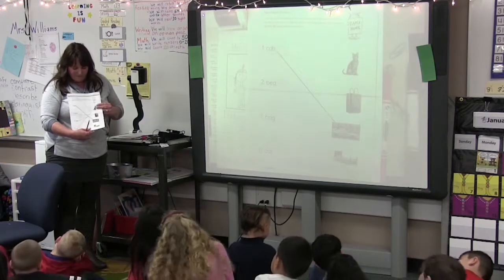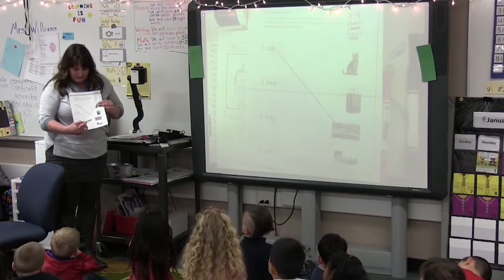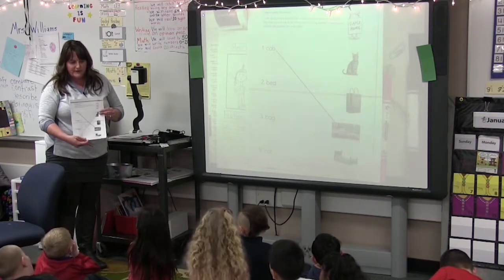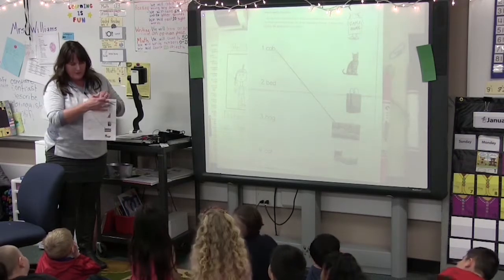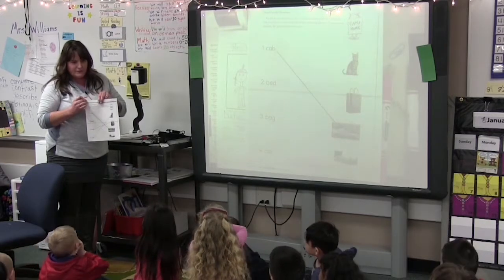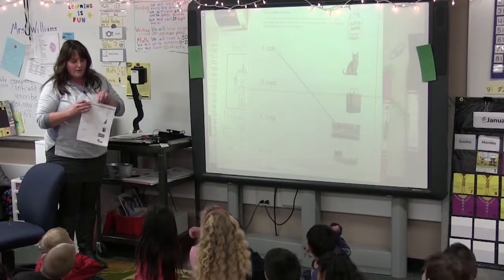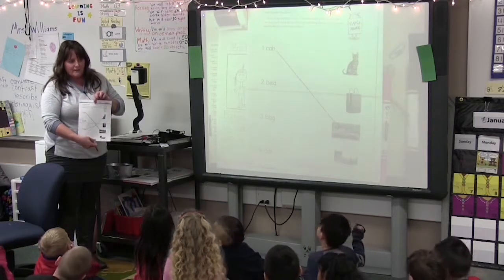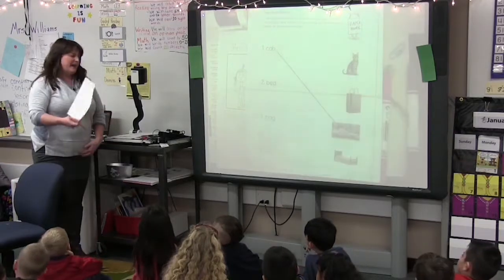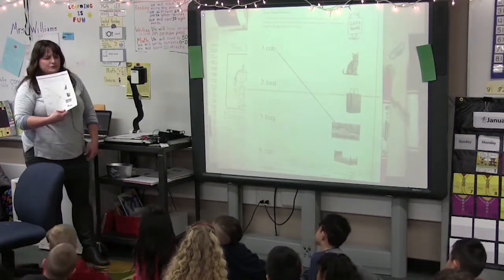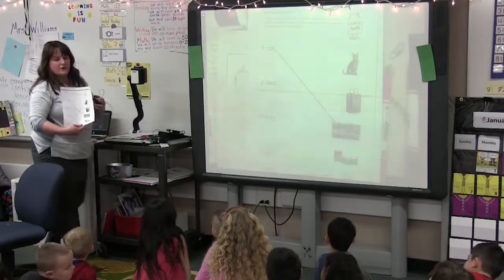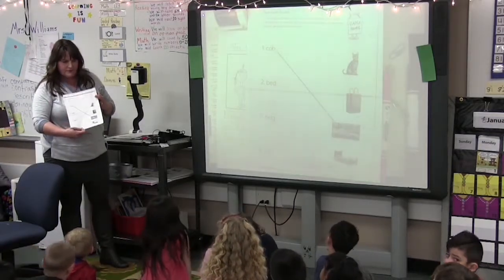If it's really hard for you, do the best guess that you can, and then I will help you later. All right? So everyone's going to try this. Then I'm going to look. So make sure you put your name on it. Then I'm going to look at them later and say, oh, good. She doesn't need help. She can move on to a different paper, or she might need help, so I'll have her work with Miss Farella later. All right? So don't say, I can't do this, it's too hard. I want you to try, right? Everybody knows almost all their letters, so they can sound out these words.